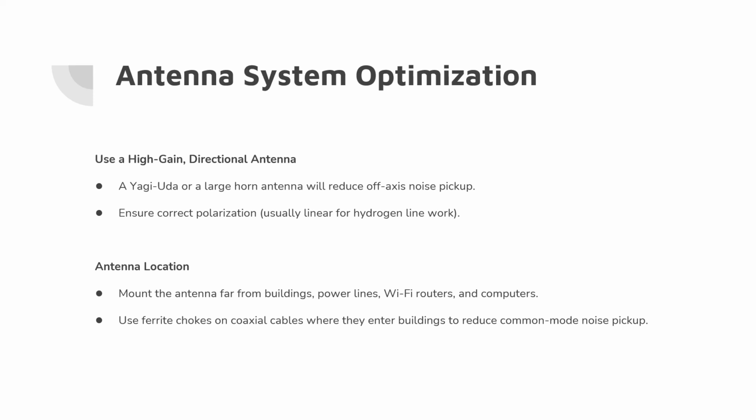I think it's a 17 element Yagi, so that has a lot of those particular features. And I guess dishes are reasonably directional. I think we all agree the location is quite important in terms of trying to stay away from big RFI producers.